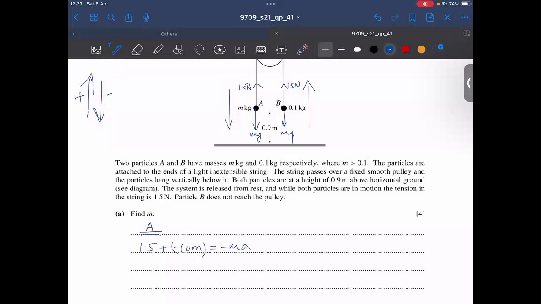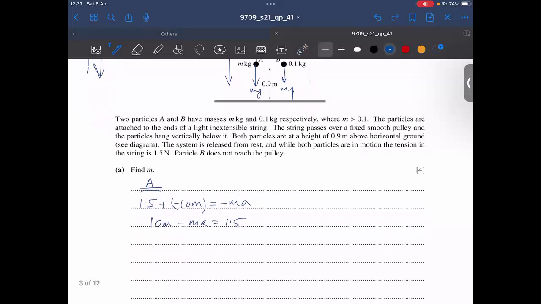So I have then 1.5 minus 10M equals to minus MA. So 10M minus MA equals to 1.5.